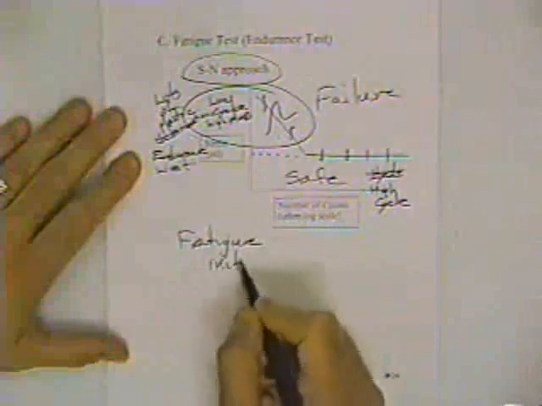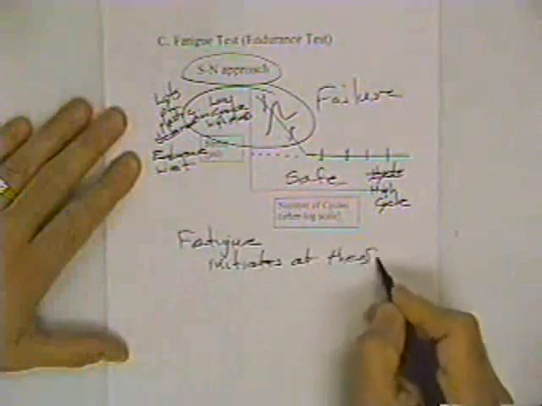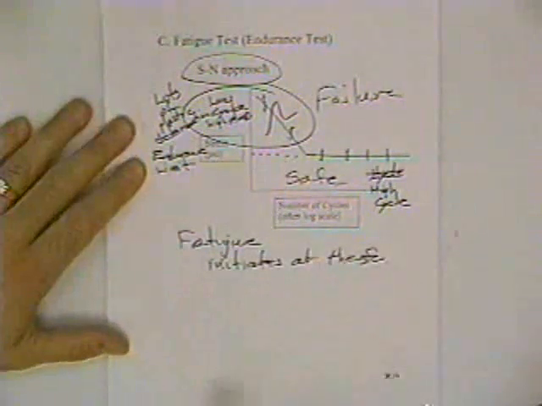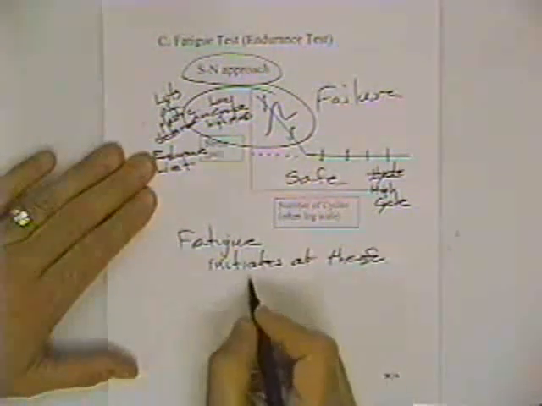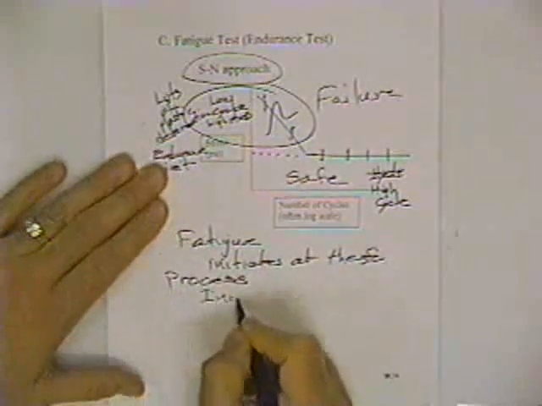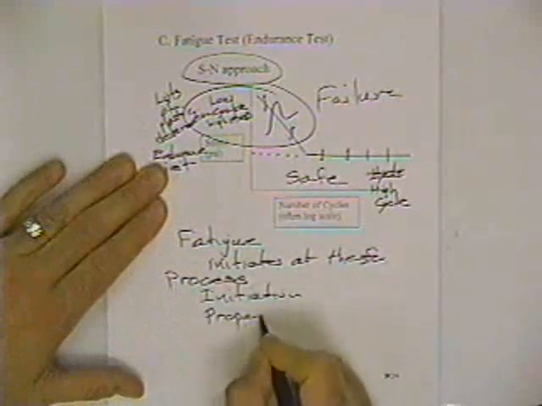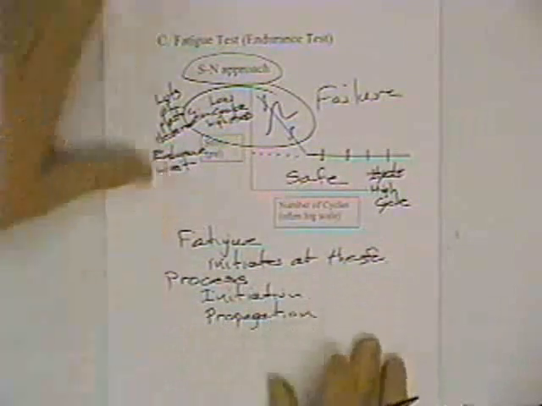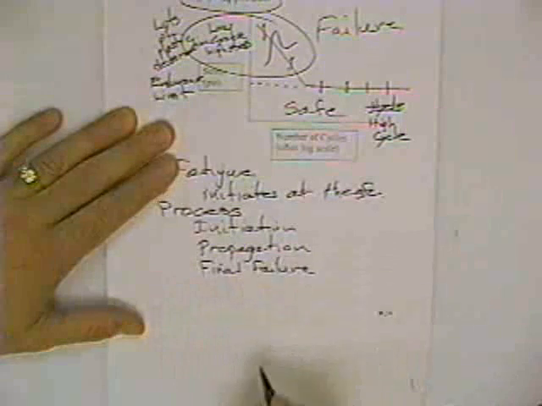The fatigue initiates at the surface, so it's a surface phenomenon, can be at a hole, a stress riser, a variety of different steps. So the process is initiation, propagation, and some people include a slow and a fast step, but propagation and then final failure.